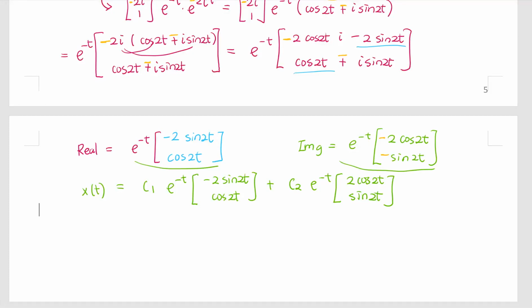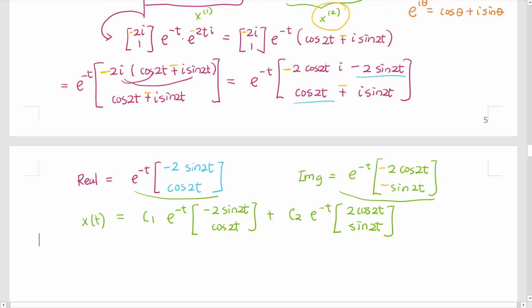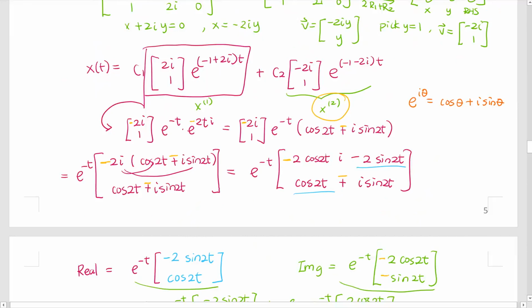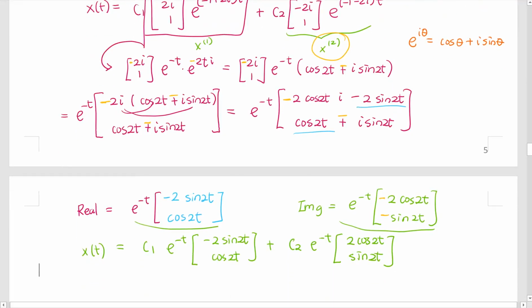So from now on, if you solve a system of linear equations with constant coefficients and you have two complex conjugate roots, after you solve for the eigenvector and eigenvalue and get the solution, please express it in terms of the real functions, sine and cosine. After you're done, you look at one of the solutions, say x1, and expand it using Euler's formula. Then you will get the real part and the imaginary part. Those will be the new basis for our solution space.